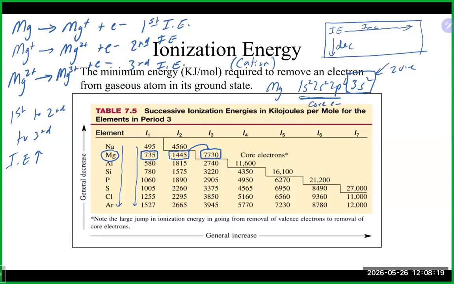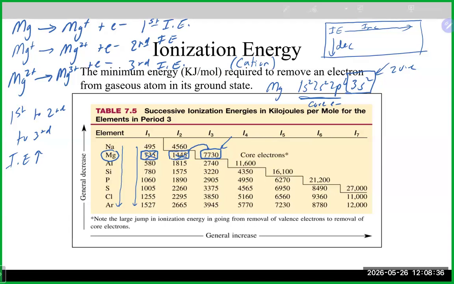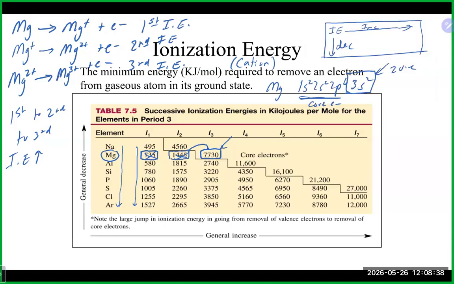After you remove those 2 valence electrons, getting harder and harder to do so, it now gets extremely hard to rip apart an electron that's a core electron, which was close to the nucleus to begin with. Energy-wise, it's not really effective to do so. That's also why magnesium basically forms a +2 charge and stops there, because at that point any more is into its core electrons and it's not energy efficient.